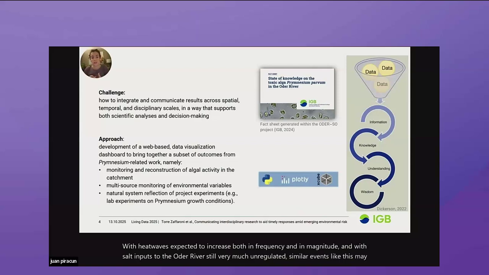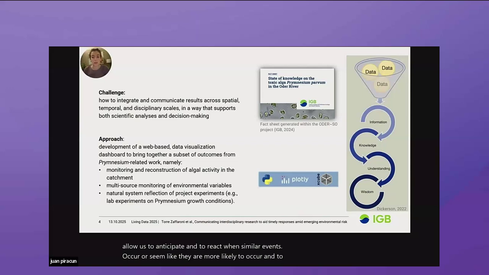So this means that we cannot just look backwards to understand the specific 2022 bloom and its causes, but we also have to develop some tools that allow us to anticipate and to react when similar events occur or seem like they are more likely to occur and to emerge.